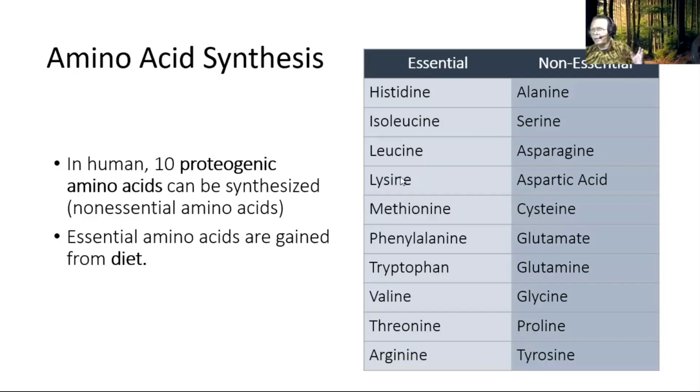So let's see this table. This is the essential amino acids, and this one is the non-essential amino acids. Essential amino acids mean that we take them from the diet, but non-essential amino acids can be synthesized in our body.